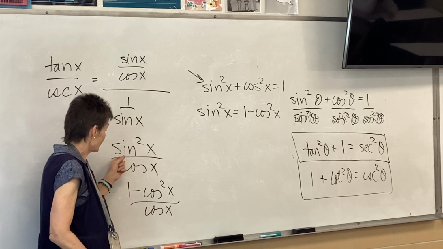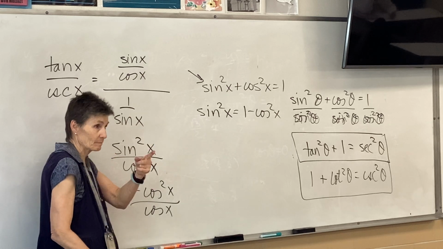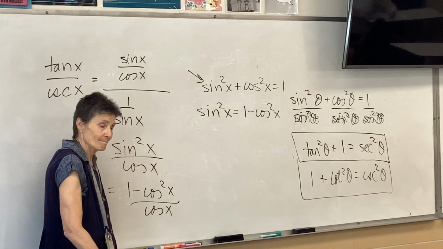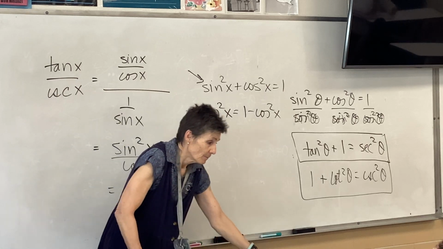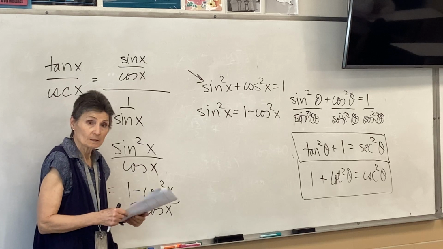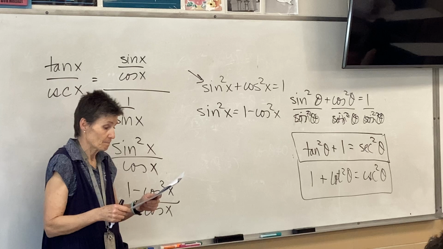Yeah, well, I went from here to here, but that's why I was able to do that. So you're saying if it's just sine x on top, you can't do that because it's not squared. It's not squared. Could you square root it? You could, but it would be square rooting the whole difference, yeah.